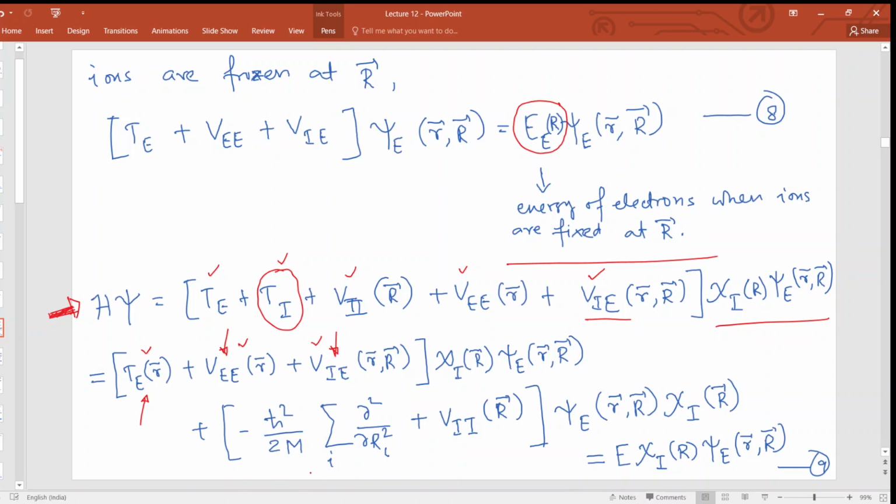In the second term we have the kinetic energy term of the ion, minus h square by 2M del square over del capital R_I square, and the ionic interaction. So the total of 5 terms is decomposed into different brackets. And of course this is the total wave function which is present here and also here, equal to E psi. That is our equation number 9.